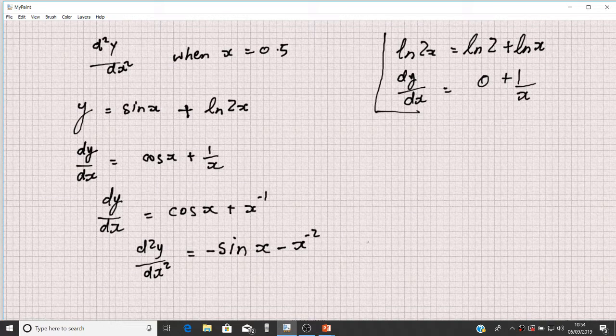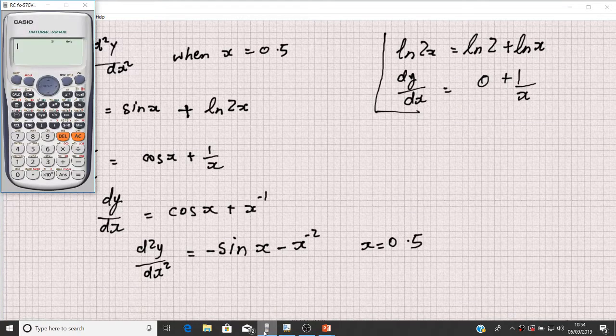So we need to find the second derivative when x equals 0.5. I'll take my calculator for this particular calculation, and we have to be careful. We've got a mixture of algebra and trigonometry, so we do need to set the calculator to radians. We're going to assume that 0.5 is a measure in radians.